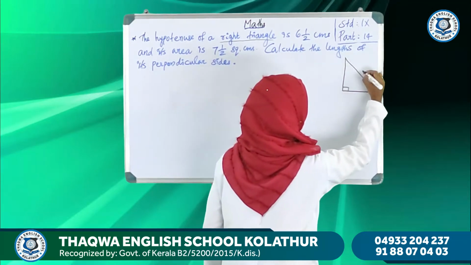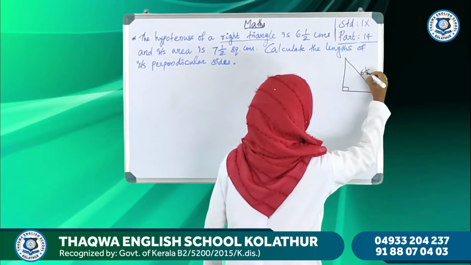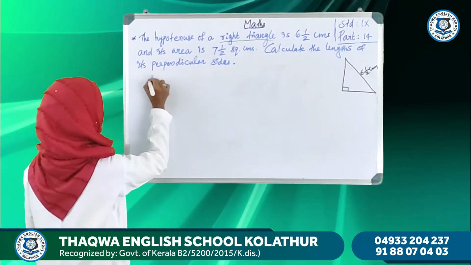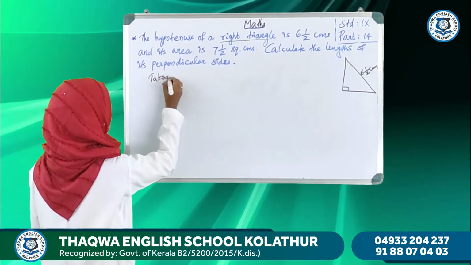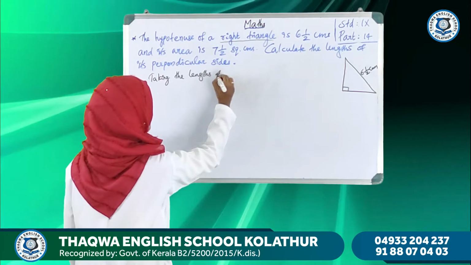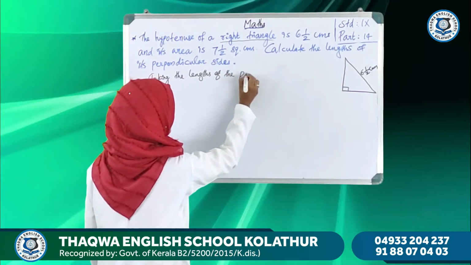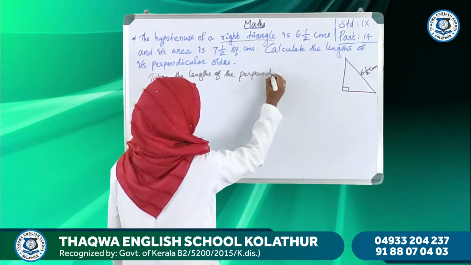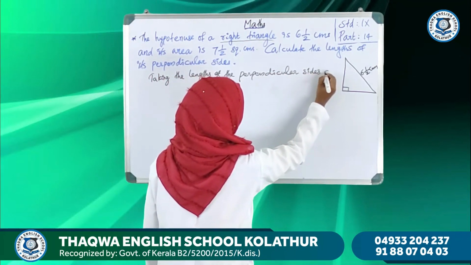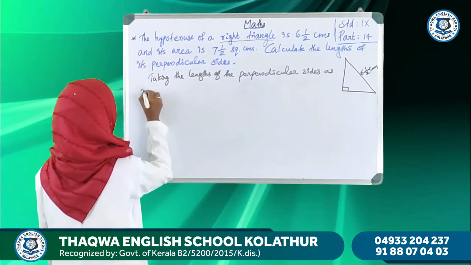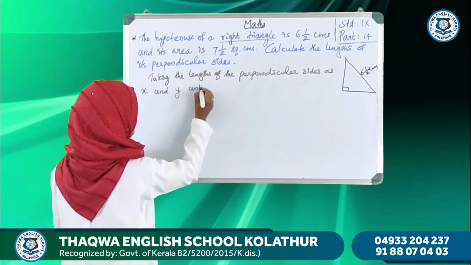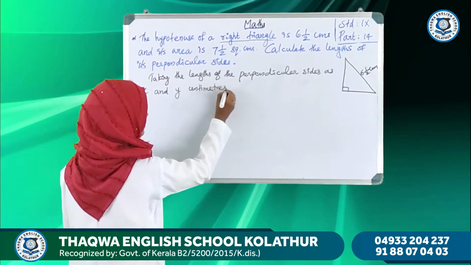Right angle triangle, hypotenuse you have given as 6 1/2 centimeters.